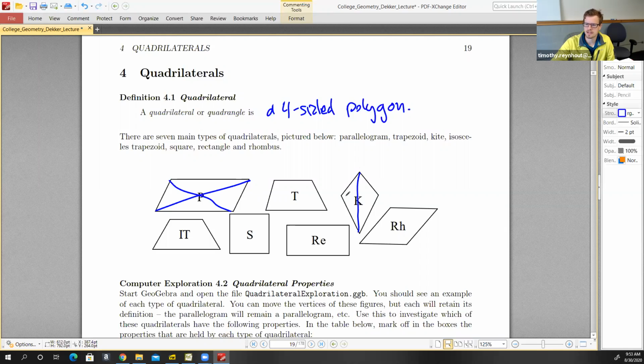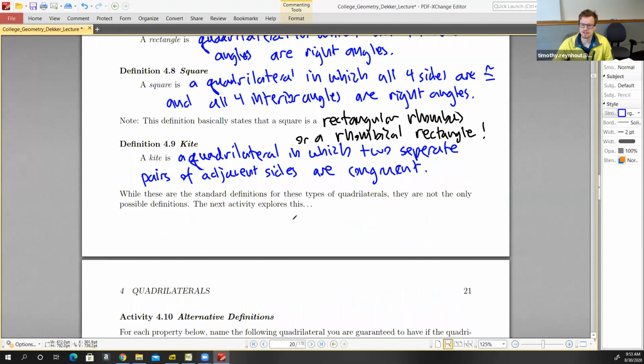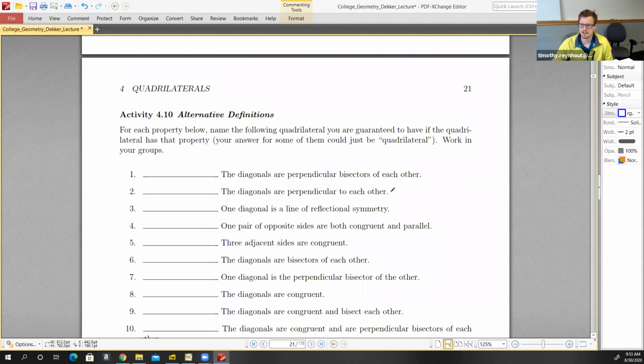These would be the diagonals. Here, these would be the diagonals. So we want to talk about when the diagonals are perpendicular to each other. That's the second property.